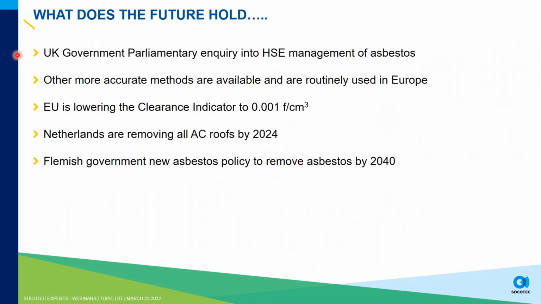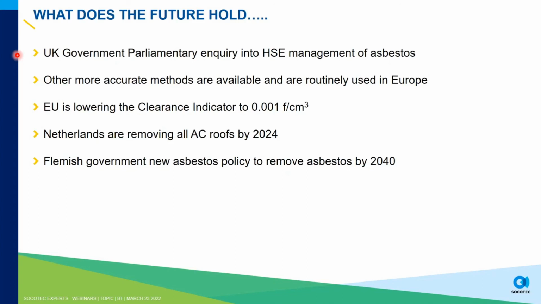Again, from the UK government parliamentary inquiry, the HSE are probably not going to budge in terms of changing the techniques in the UK currently. When we look at the EU, they're going to lower the clearance indicator to 0.001, a factor of 10 times lower. And again, from the parliamentary inquiry, the HSC gave no indication of any change in the UK going forward.